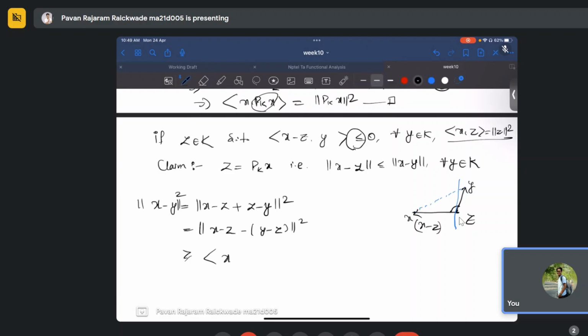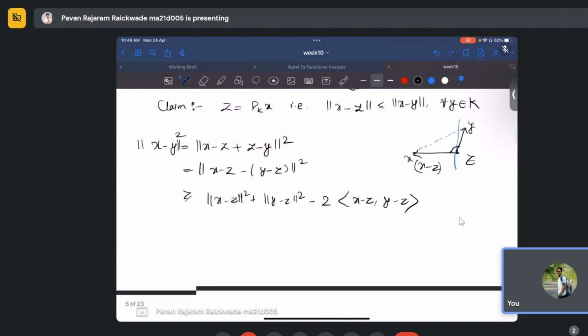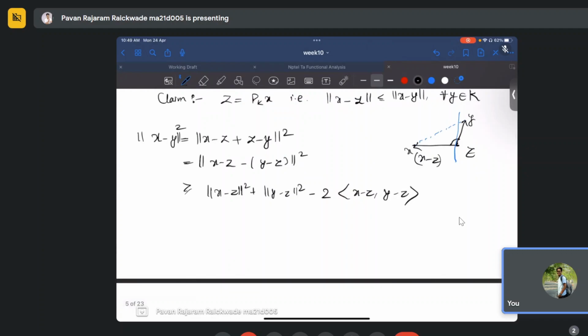This is X minus Z squared plus Y minus Z squared minus 2 times the inner product of X minus Z with Y minus Z. Yeah, because this is a real inner product space. In the question we haven't been given any description, that means we can assume it's a real inner product space. That's written in the first paragraph.